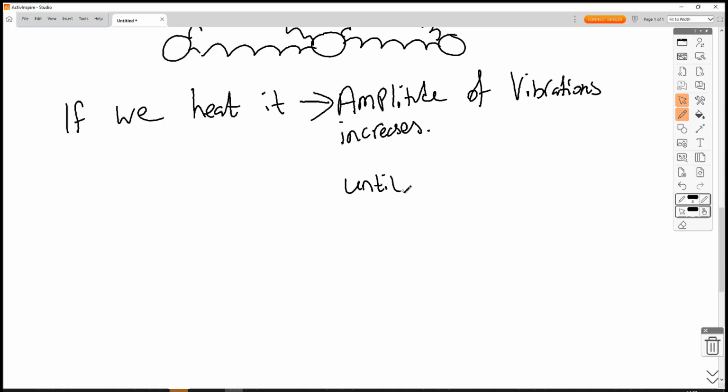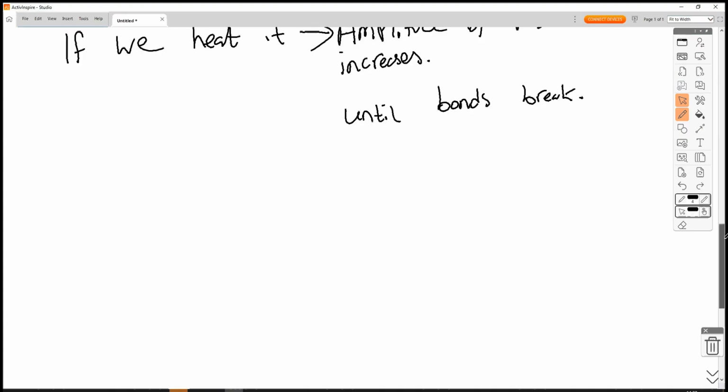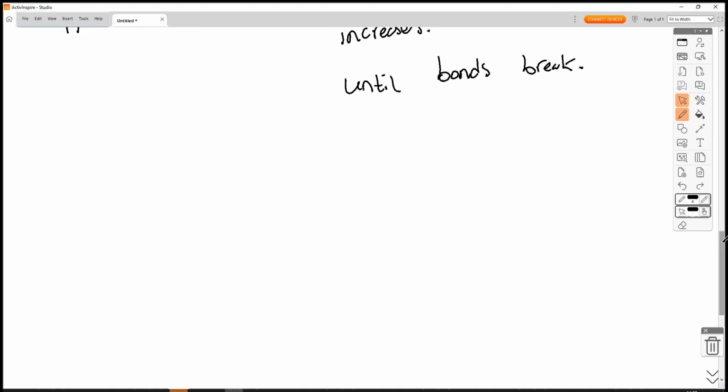So until bonds break, the amplitude increases, but the period of oscillations doesn't change.